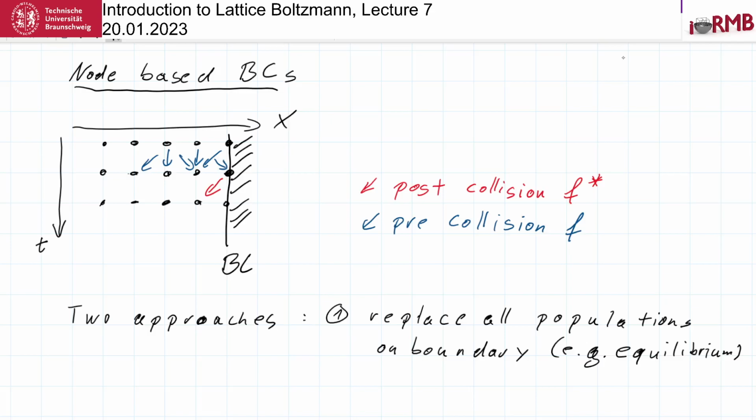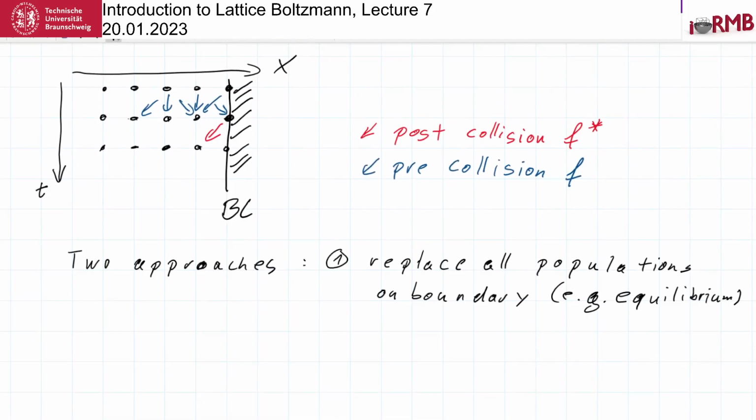So you override it every time step, and then you have a given velocity and a given pressure at this boundary. It's not a good boundary condition, but for many cases it works. So this is number one that you can do, and would be completely sufficient for our exercise here.